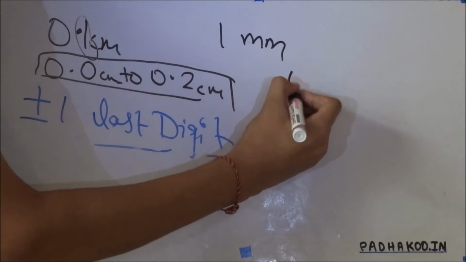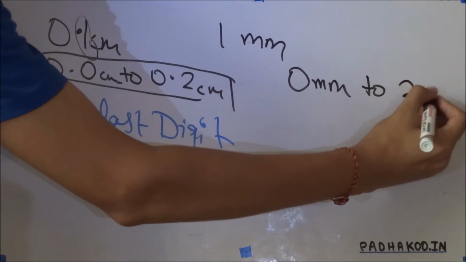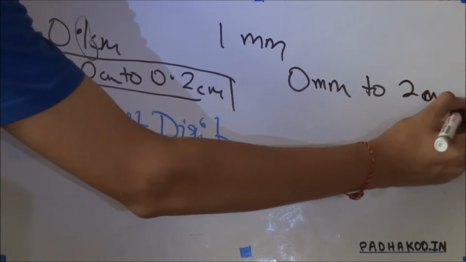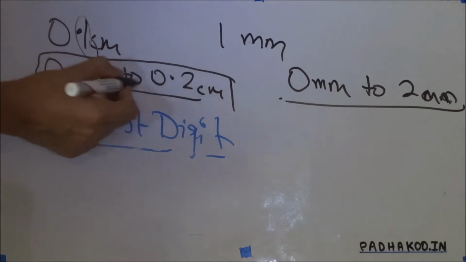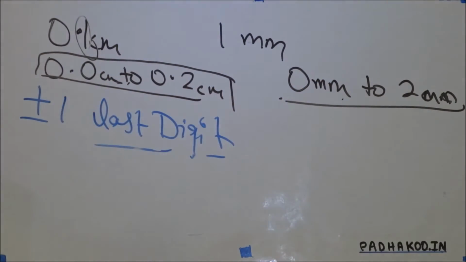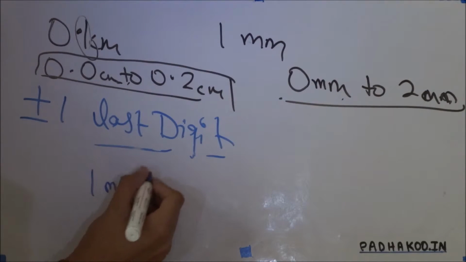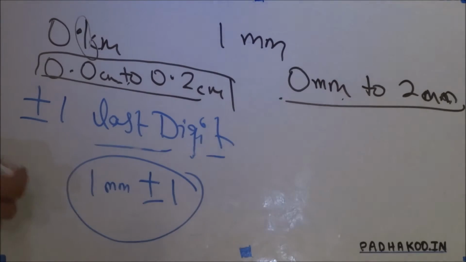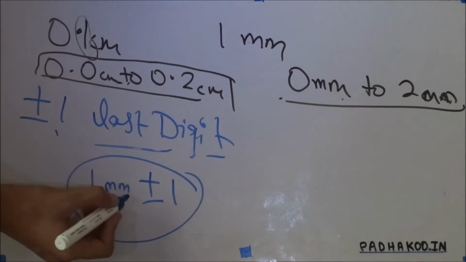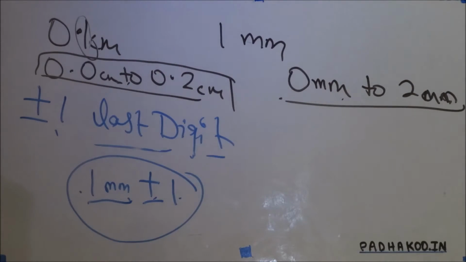Similarly, in this case, minus 1 goes to 0 mm, to plus 1, 2 mm. So that's our answer. The true value will be lying between them. Or we can simply write it in this form also, 1 mm plus minus 1. This is not strictly correct, but basically it means the same, that 1 mm is our answer and plus minus 1 because we are not sure about that.